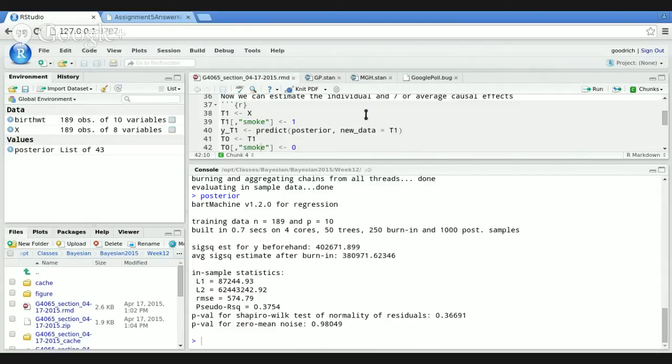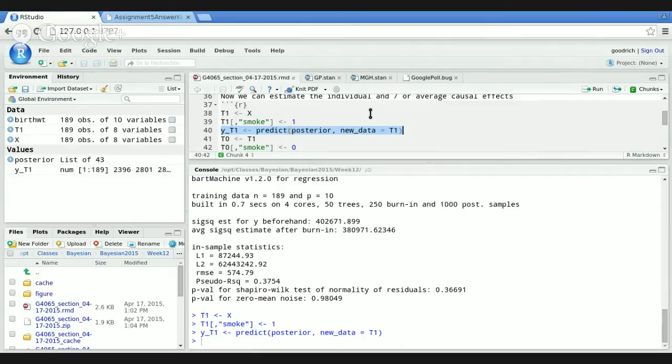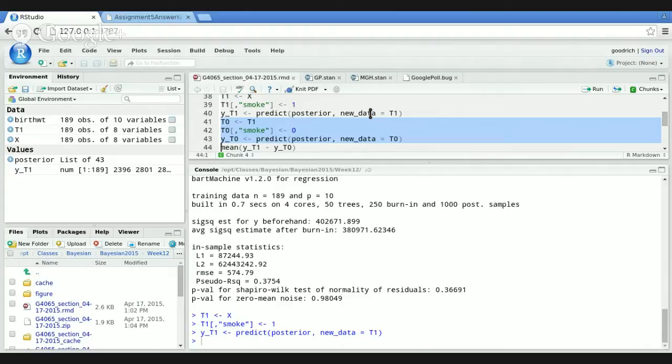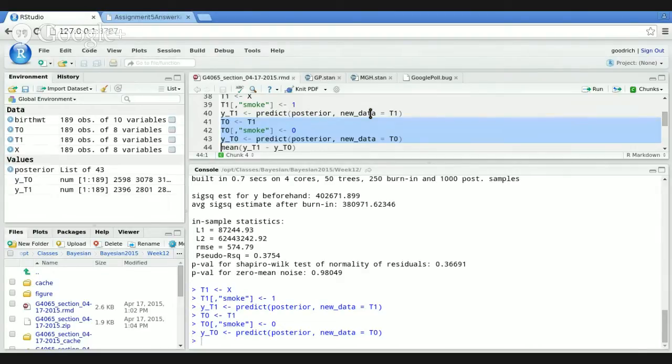So we're going to make a new data set called T1, and in that T1, we're going to make counterfactually everyone a smoker, and then predict the outcome in that new data set. And then we're going to go and do the other thing where we make everyone not a smoker and predict the outcome in that situation. And at this point, we have an estimate of the treatment and control for the same people.